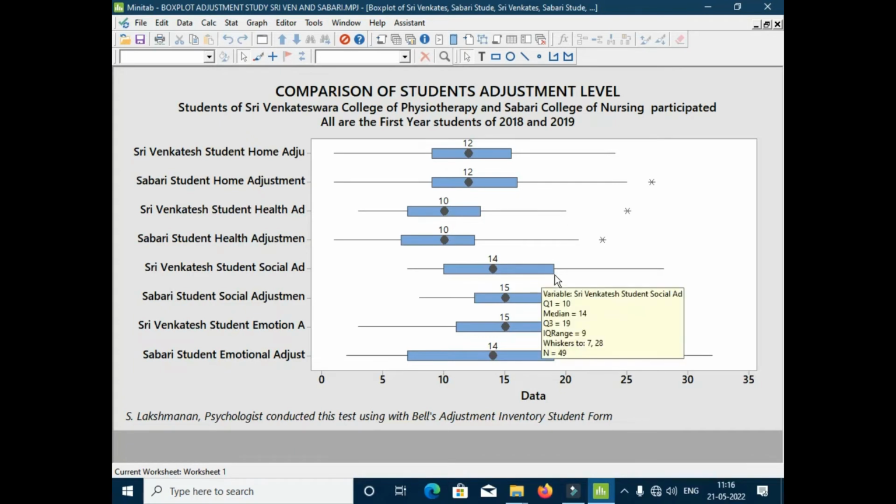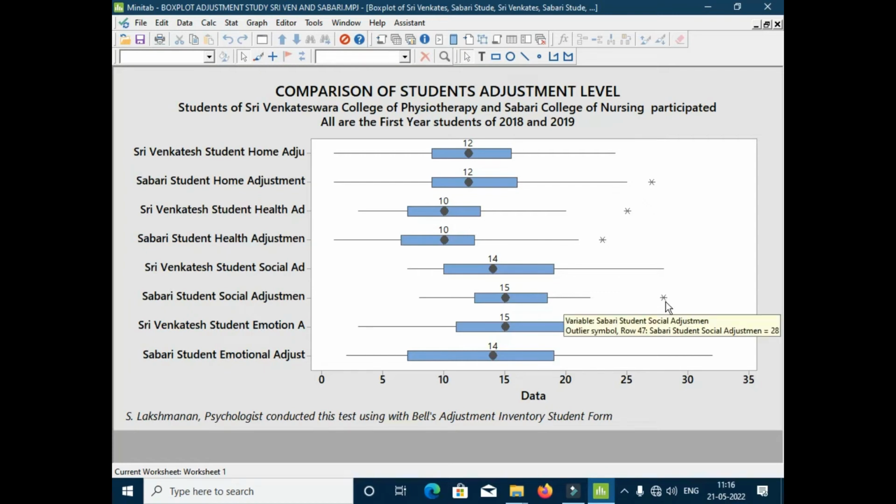After the third quartile, the extent is also different, and in social adjustment, outliers occur in Sabari College, abnormal scores in this one.